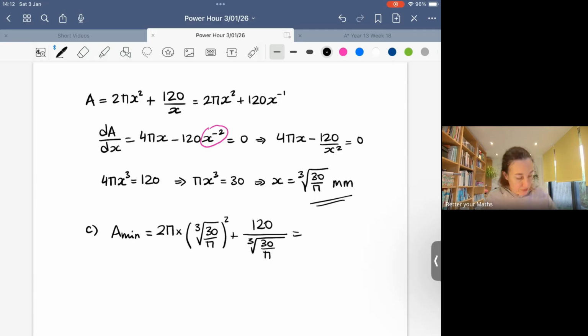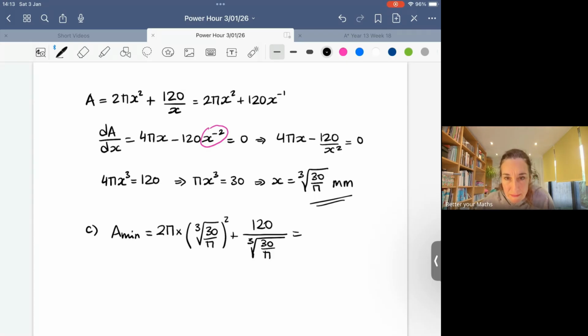So please find this with me, because I made mistakes with this in the calculator many times. So I get 84.84. You get the same value?